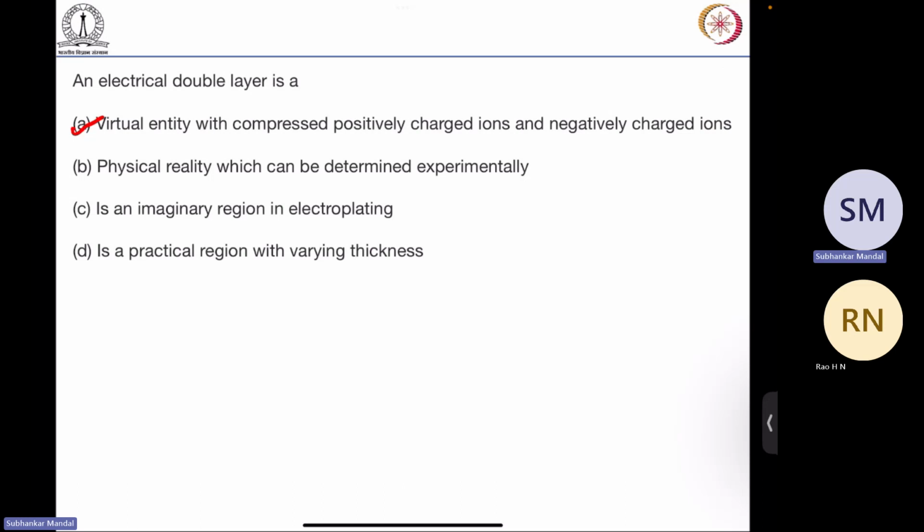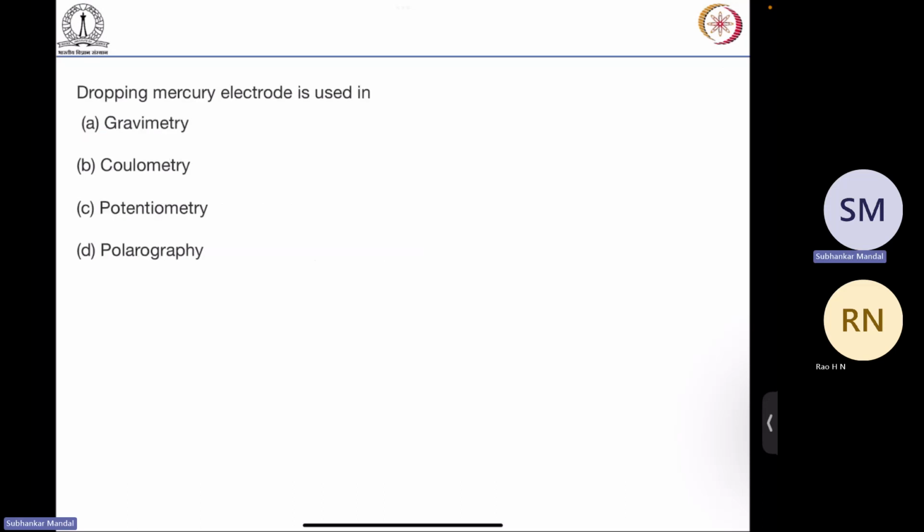So it's difficult to calculate the distance. That means its physical reality is difficult to determine, but there is some analytical tool, like impedance spectroscopy. From there you can fit the data and get the value of the distance of that electrical double layer. But physically measuring the distance, like with a tape, is quite difficult. So answer A is the correct one.